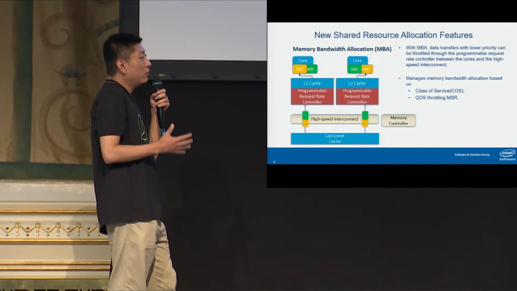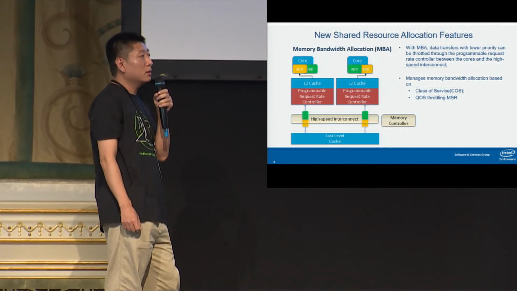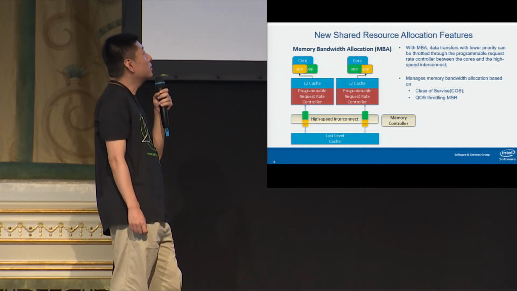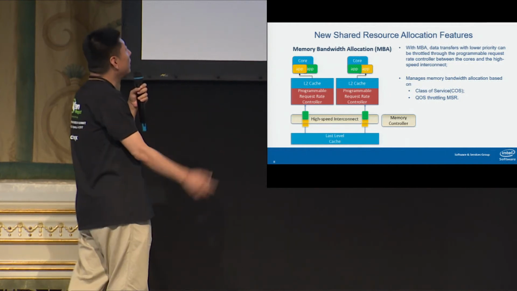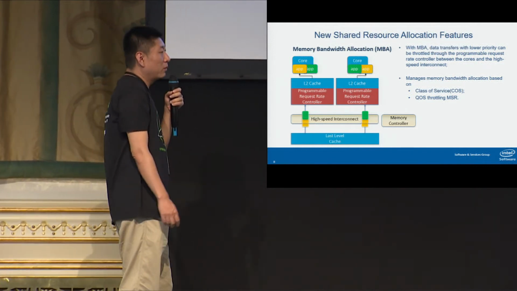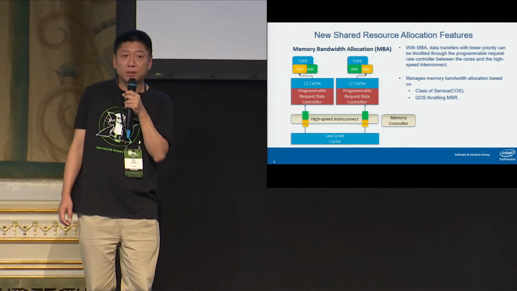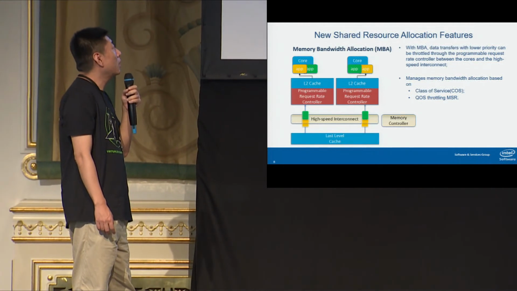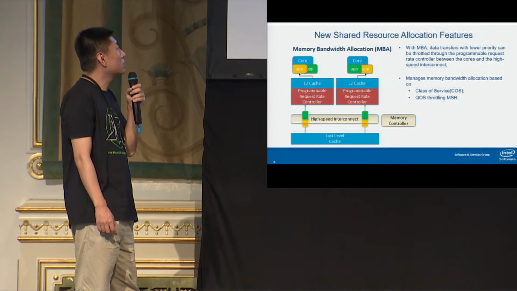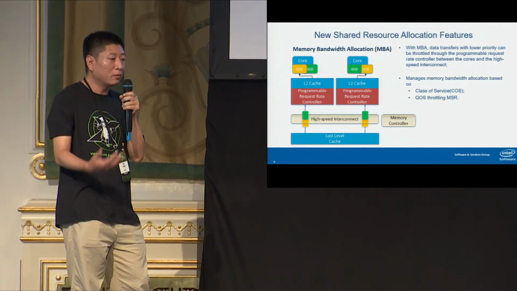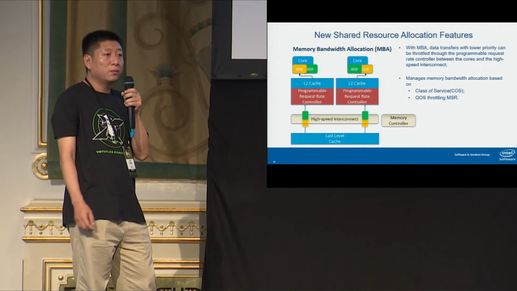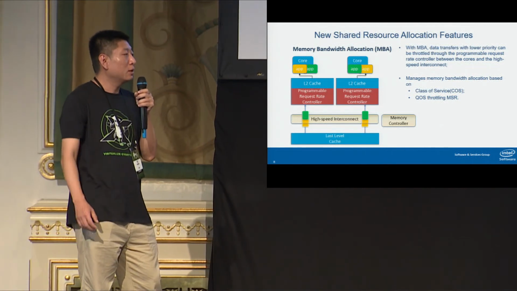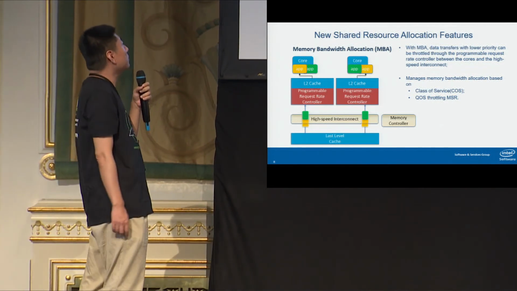So if a throttling MSR is configured, for example, as 50, that means the memory bandwidth should be performed as 50% of the maximum memory bandwidth. MSRs configured with something other than a multiple of 10 will be rounded down to the nearest multiple of 10.